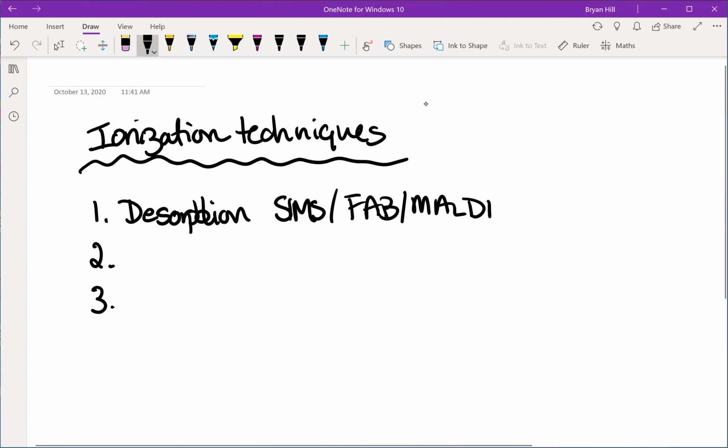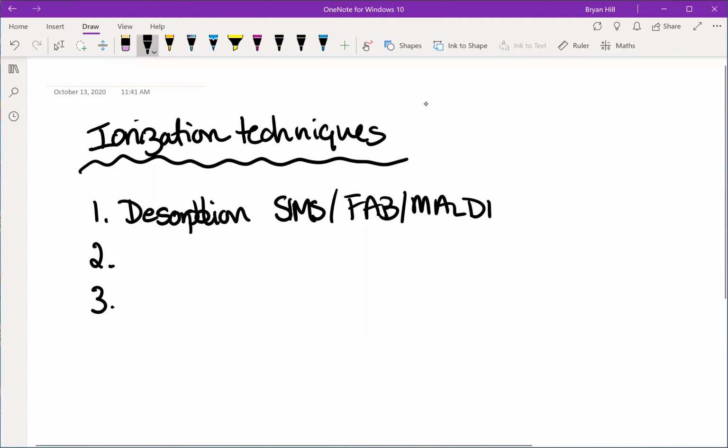MALDI was a laser. FAB was fast ion bombardment, so it was usually like a xenon or argon, and then SIMS was you're hitting it with a cesium ion typically. That was one type. There was a couple other types.